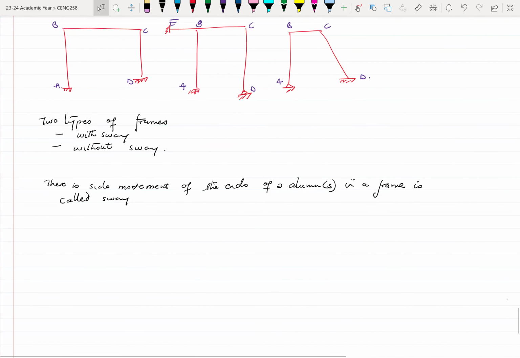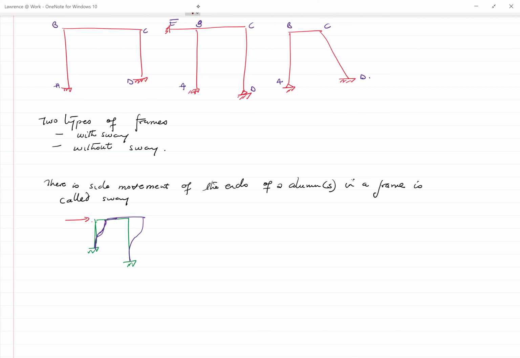sway. So for example, let's say I have this frame here and apply maybe some horizontal load to it. If the frame shifts this way, okay, so the supports remain in position, but then the top portion of the column shifts, or where there is some rotation of the column with respect to a fixed point, then we say that sway has occurred.